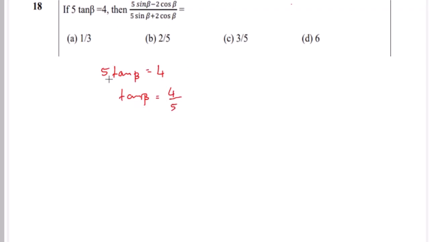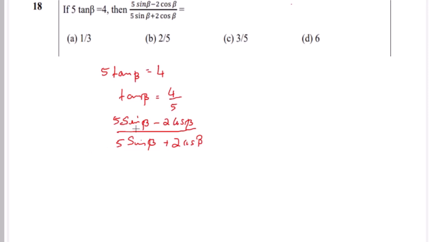Now we'll take this expression, that is (5 sin beta minus 2 cos beta) upon (5 sin beta plus 2 cos beta). We have to find the value of this expression.